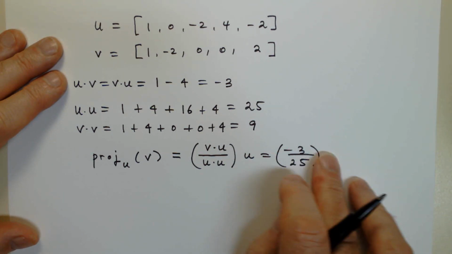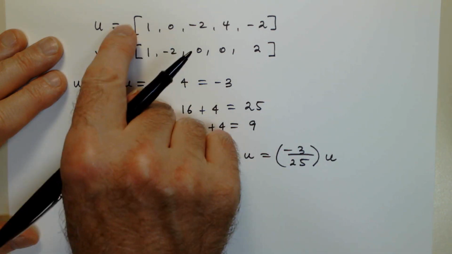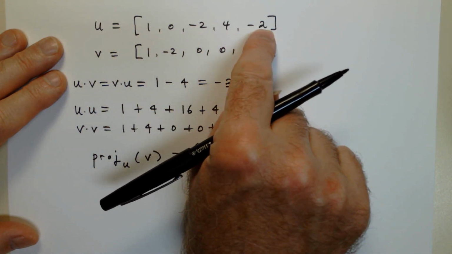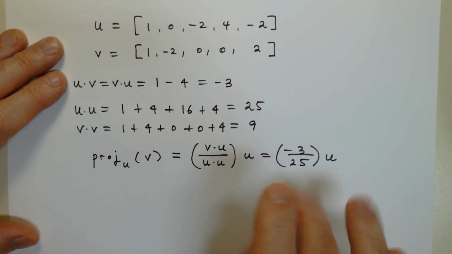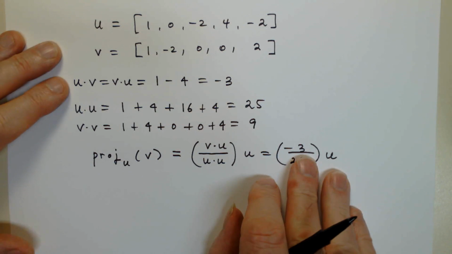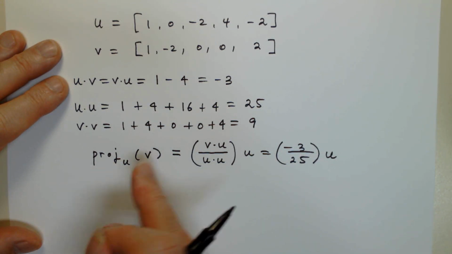Okay, now if I needed to, I could write out all the components. I could take every one of these components and multiply it through by negative 3 over 25. So I could work out every single component of this vector, but we know what to do from here. Now we also want to find the projection of u onto v.